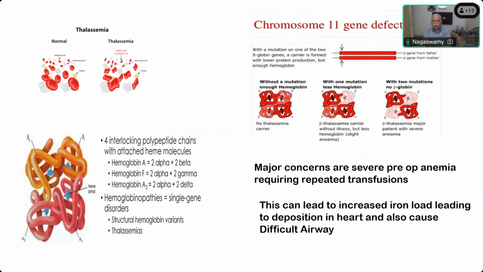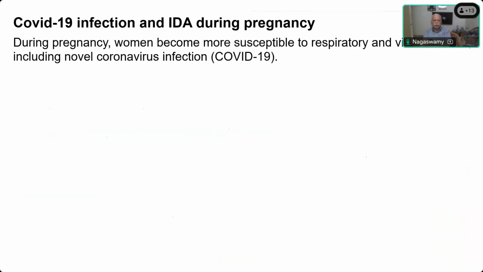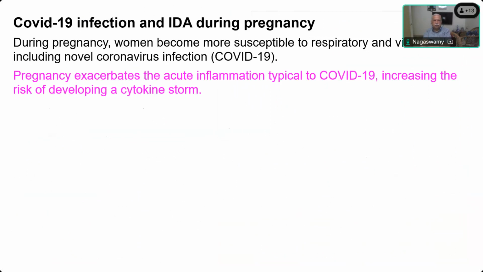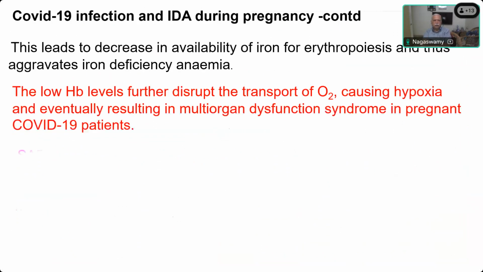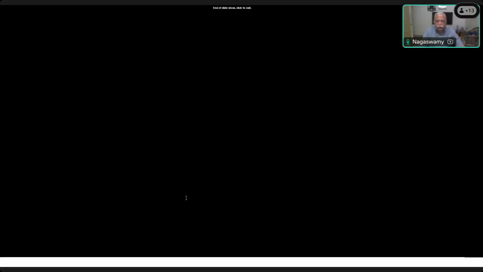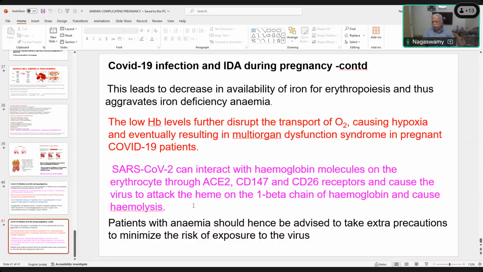So these patients may have more iron deposition or sequestration in unwanted areas, and they can withstand both RA and GA. And COVID infection during pregnancy with IDA are not required. So that finishes our discussion on anemia and pregnancy.